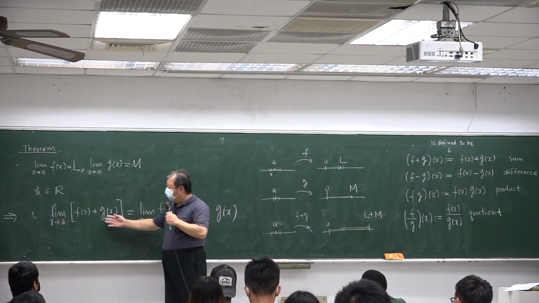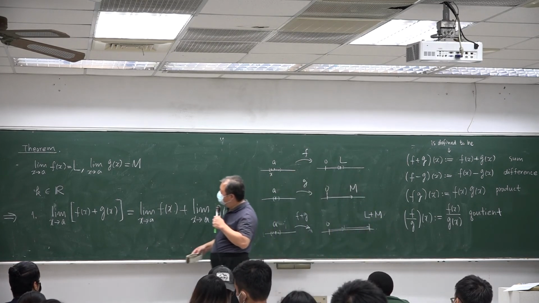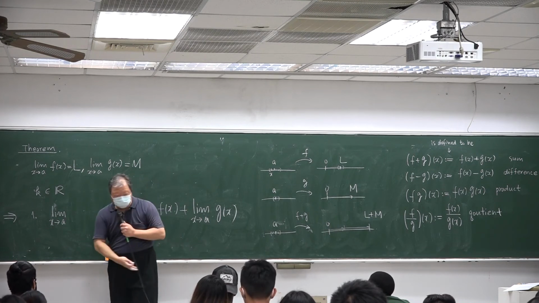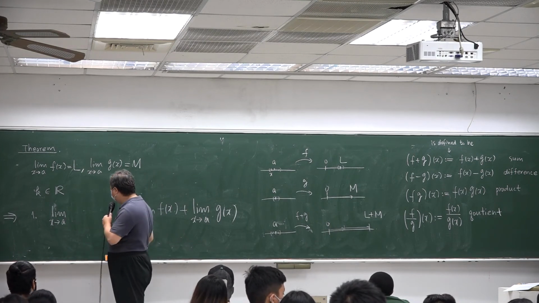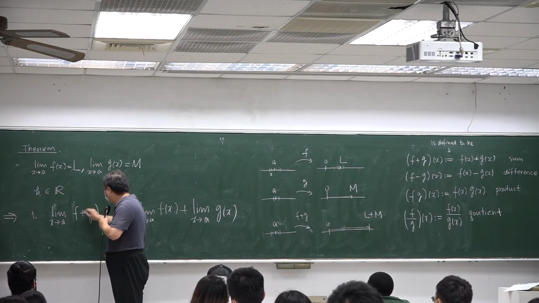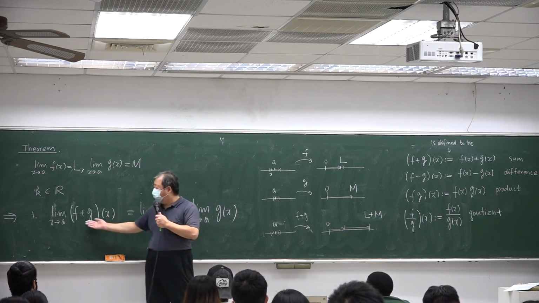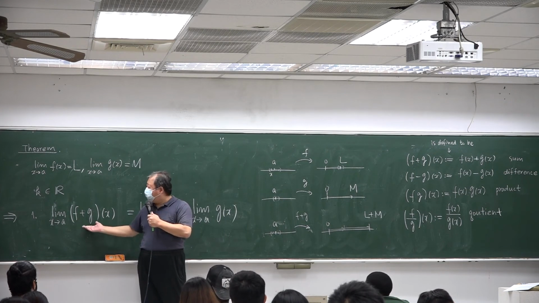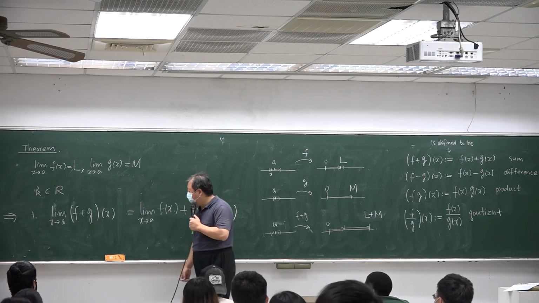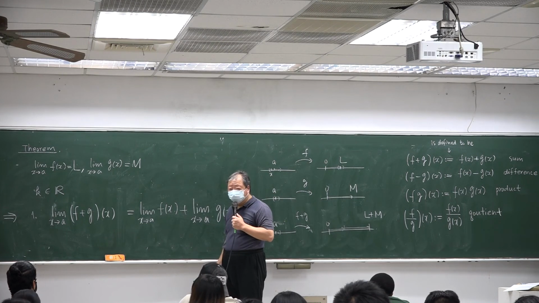Our textbook uses this form. I prefer to use the equivalent form, f plus g of x. So add these two functions first, then take limit, equals take limit first, then add these two numbers.